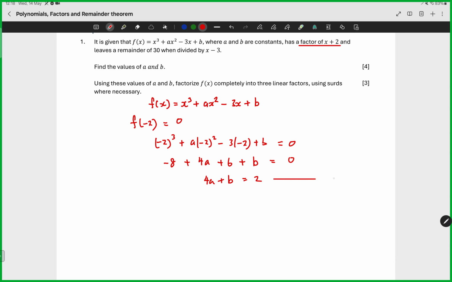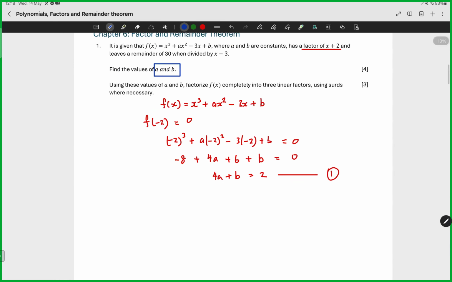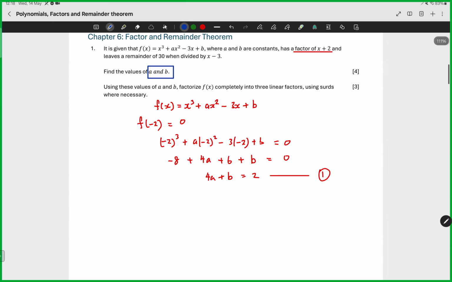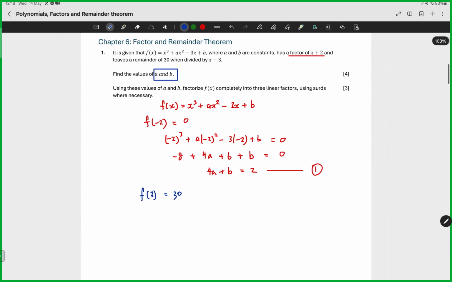Equation number 1. You realize that this sort of question always leads to simultaneous equations because there are two unknowns here. Now it leaves a remainder of 30 when divided by x minus 3, meaning f(3) equals 30. So 3 cubed plus a times 3 squared minus 3 times 3 plus b equals 30.